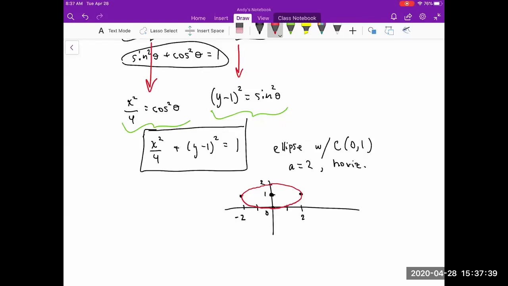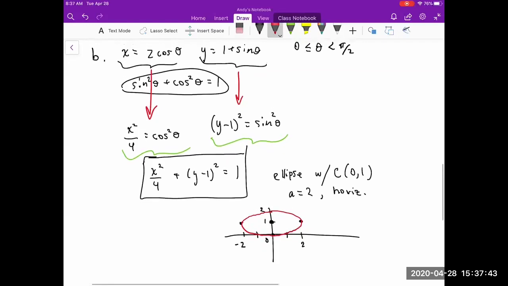Now, the fact that theta is only in between 0 and pi over 2 basically tells me that we're only staying within the first quadrant. So in reality, we'll only get this quarter ellipse here, just like we got when we graphed it. So this again justifies the graph that we got from Desmos.